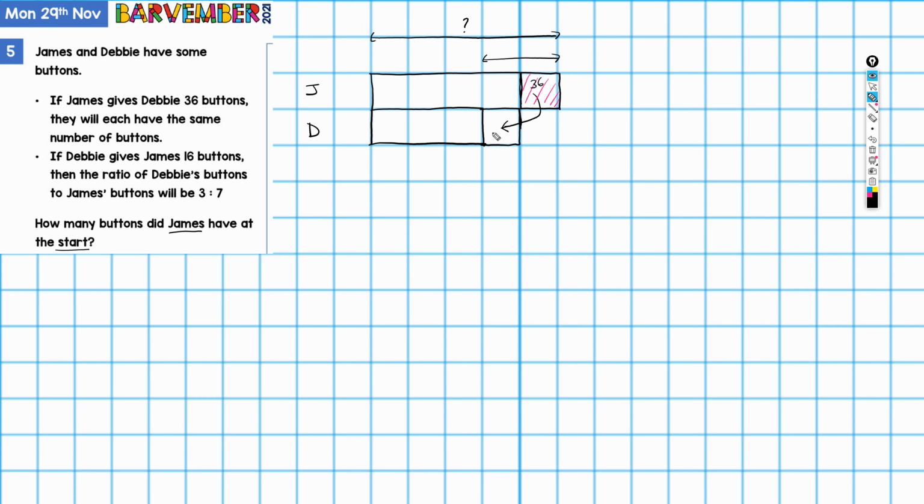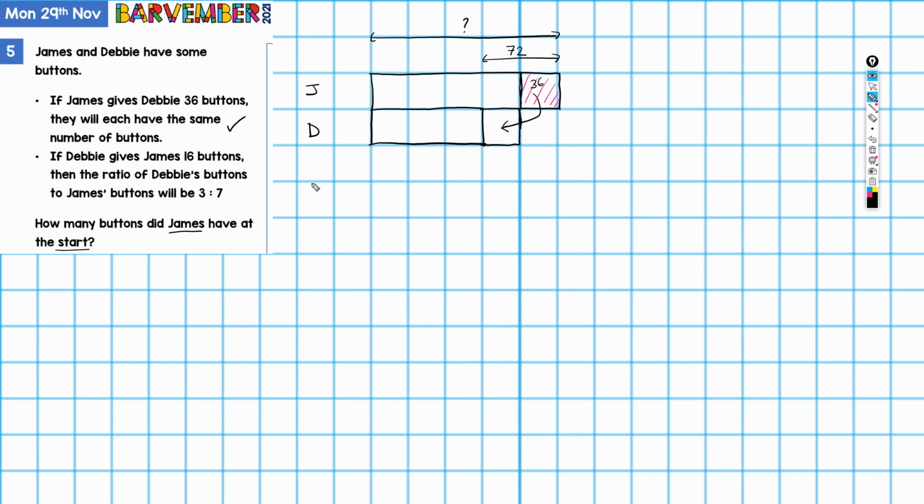So we then know that the original difference between Debbie and James must have been twice 36, which is 72. All right, so that's what we learn from this first scenario.